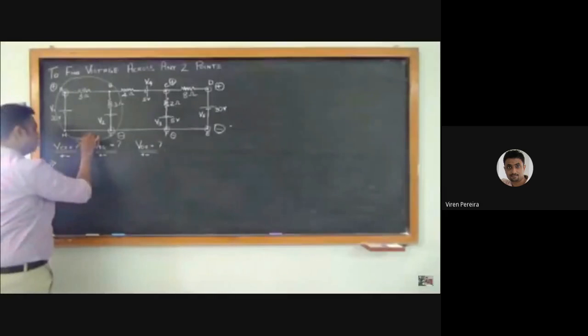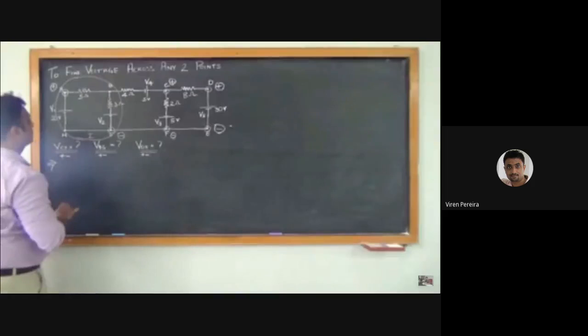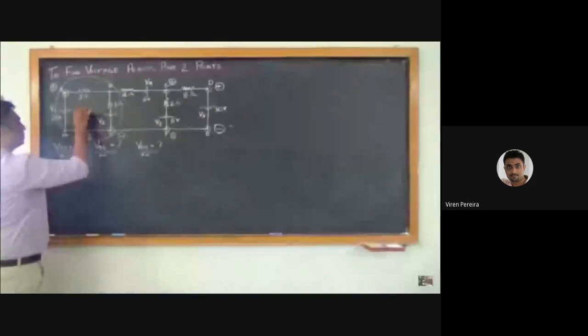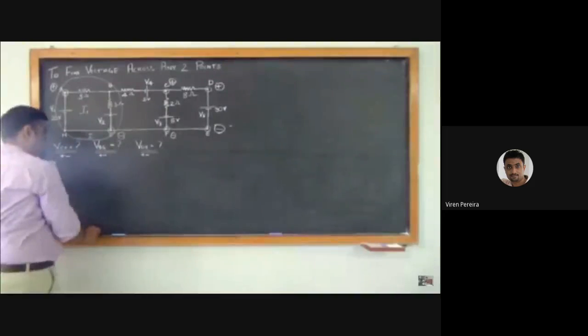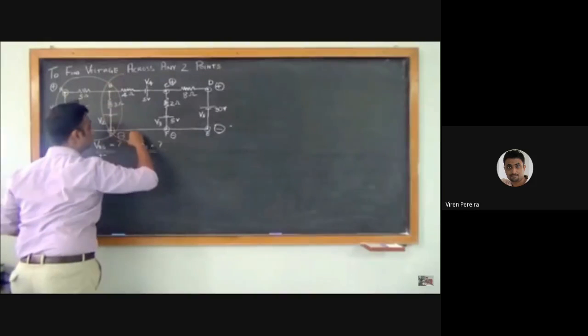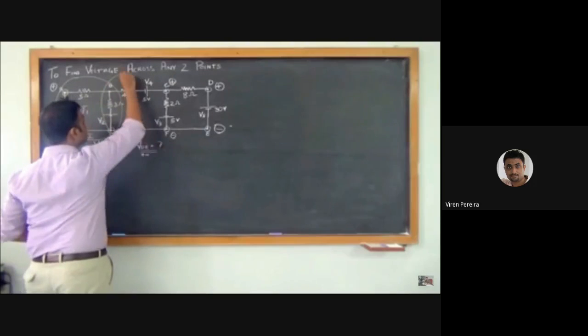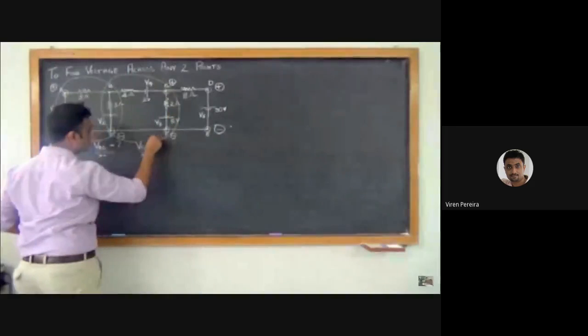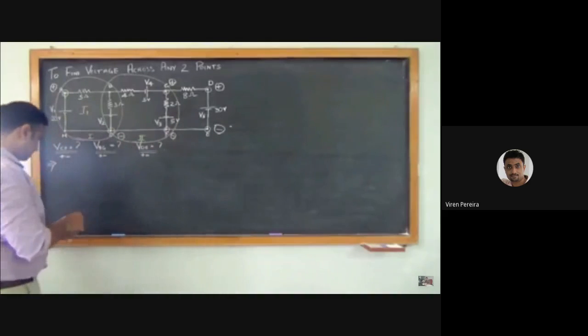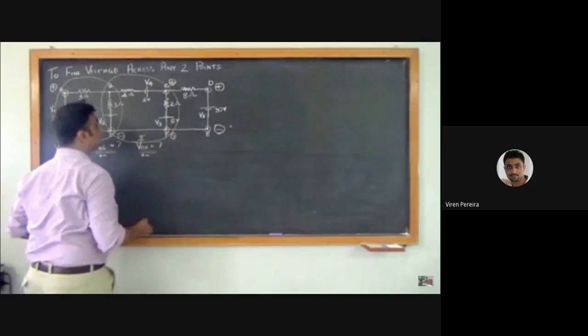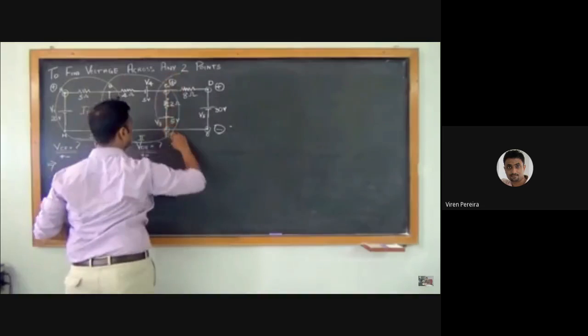So I'll call this as loop 1, which consists of current I1. I'll call this as loop 2, and I'll call this as loop 3.